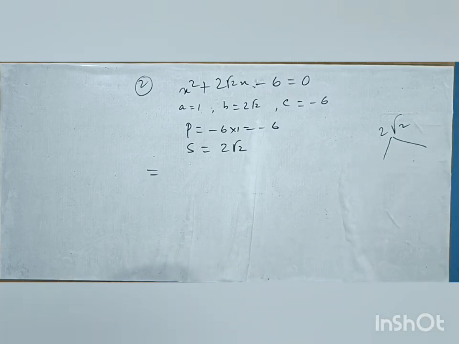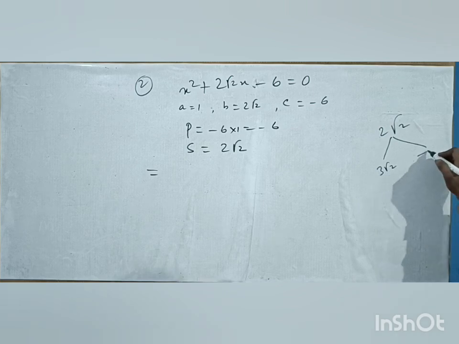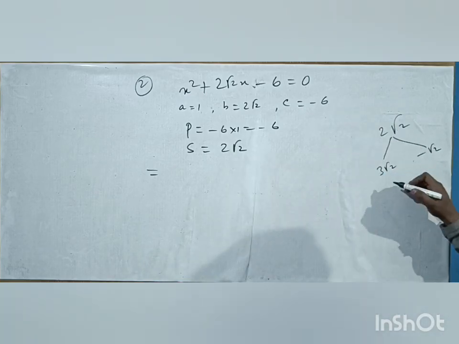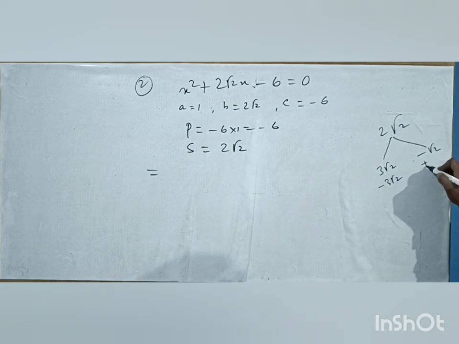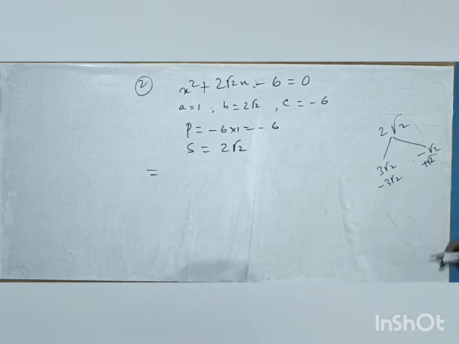3 root 2 minus root 2. So we have to select the parts so that the sum will be plus 2 root 2.